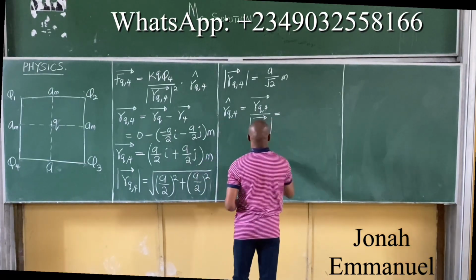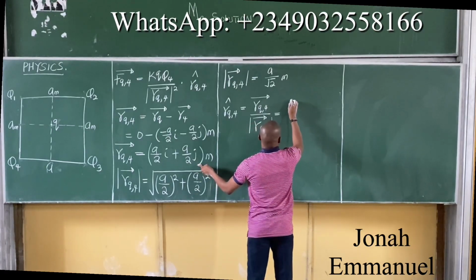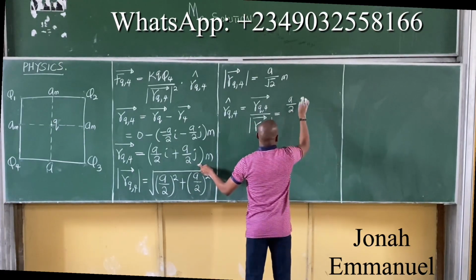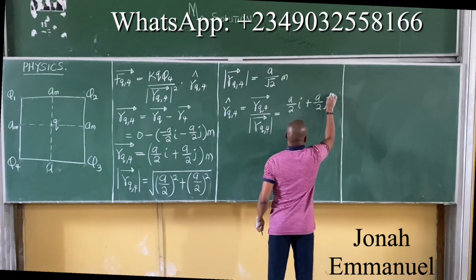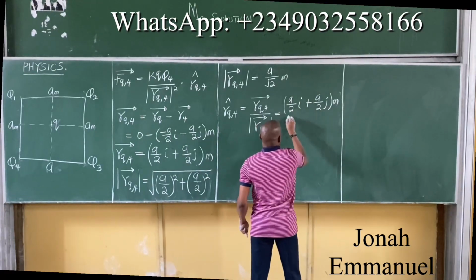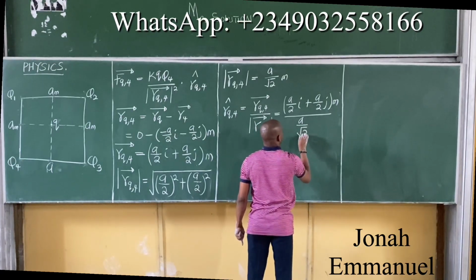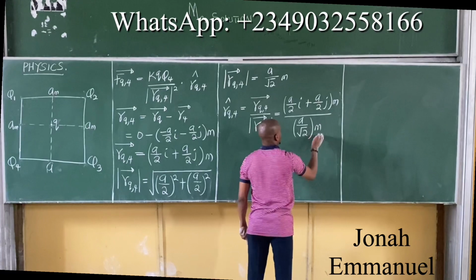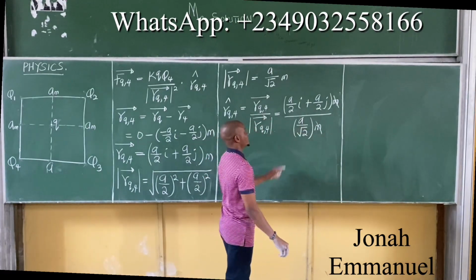The position vector is A over 2 I plus A over 2 J, all in meters, all over A over root 2, in meters. This cancels; factor out A over 2.